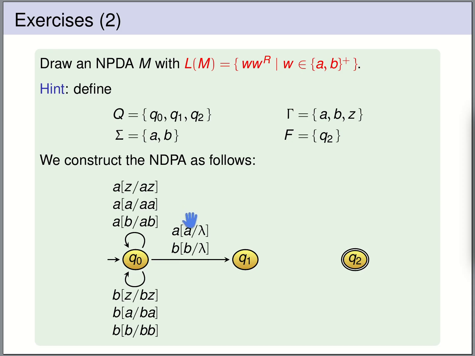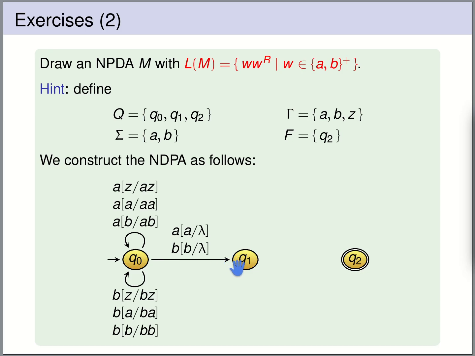So we say if there's an A on top of the stack, we can read an A and we remove the A from the stack. If there is a B on the stack, then we can read B and we remove at the same time the B from the top of the stack. So this transition switches from reading the first part to starting to read the second part. So this transition reads the first letter of the second part. We are now reading the word that we have read in the beginning in reverse.